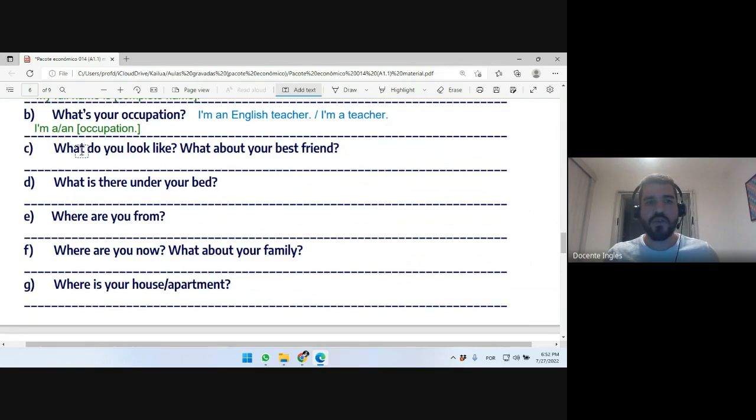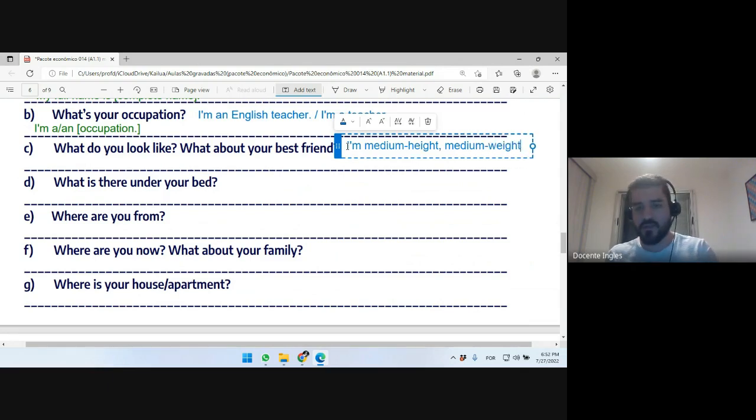What do you look like? So, physical appearance. I'm medium height, not tall, not short, medium weight, not fat, not thin.